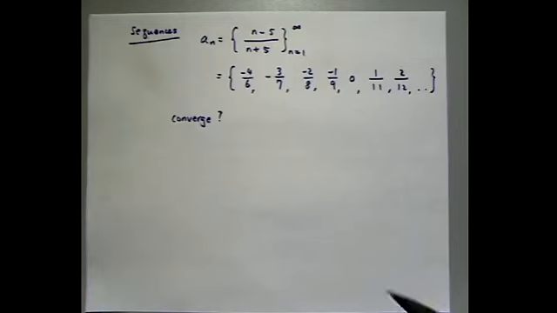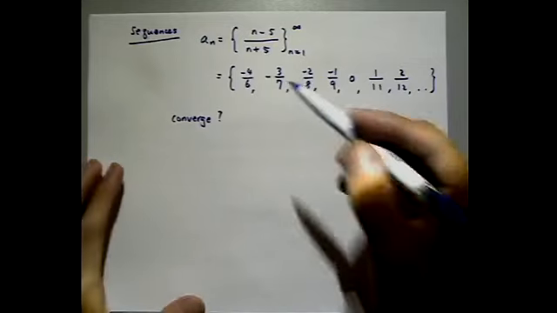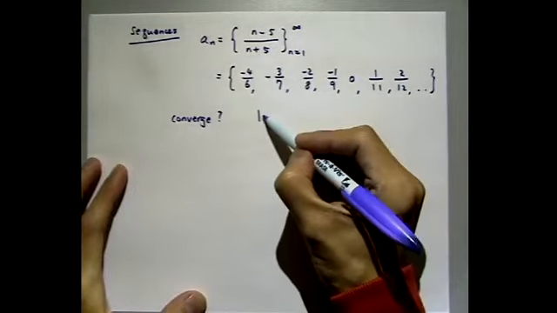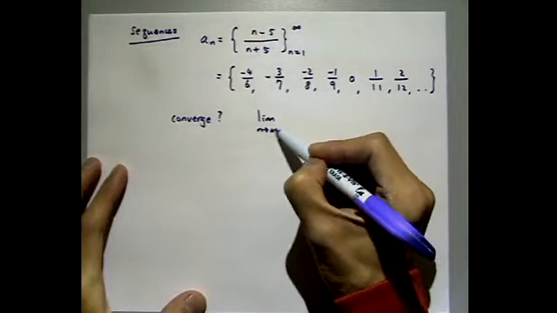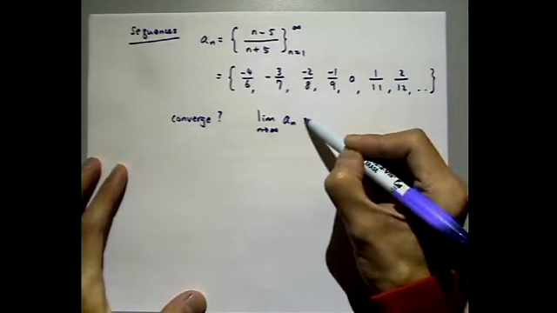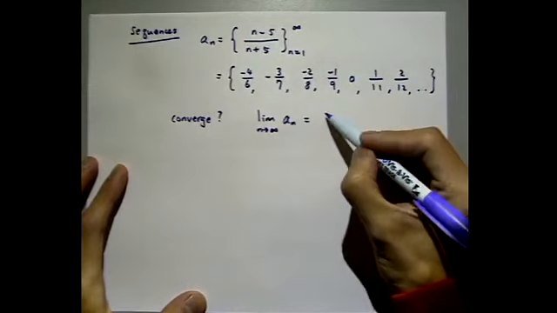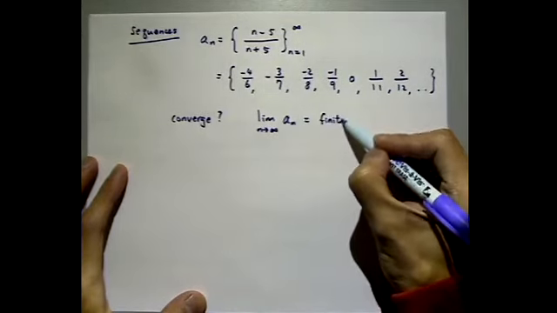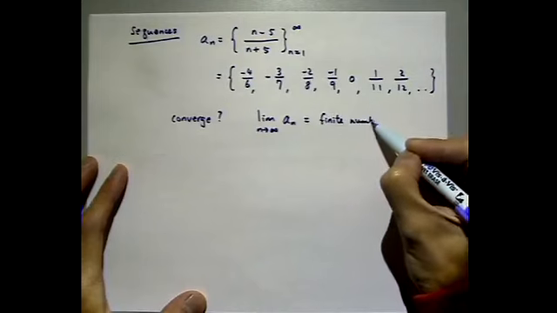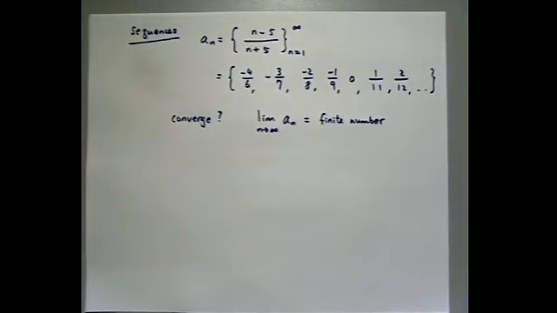Okay, so we take a limit, right? That's how you would do that. Good. So we do a limit, n goes to infinity, a n, and this has to be equal to a finite number, right? If it turns out to be some finite number, then we say the sequence converges.